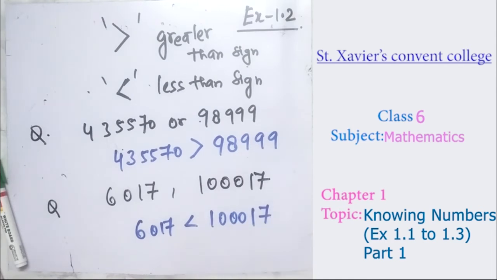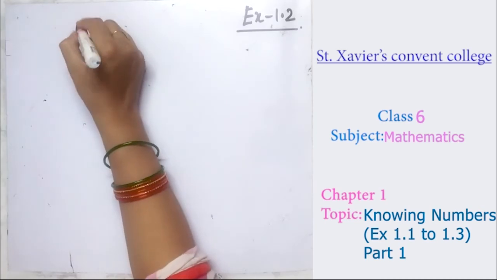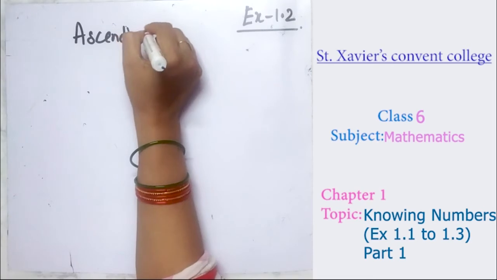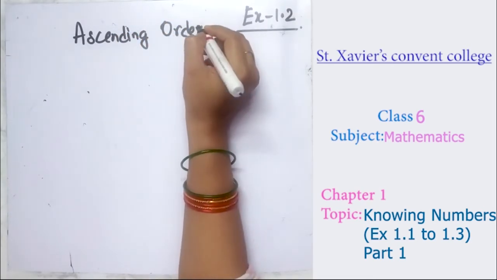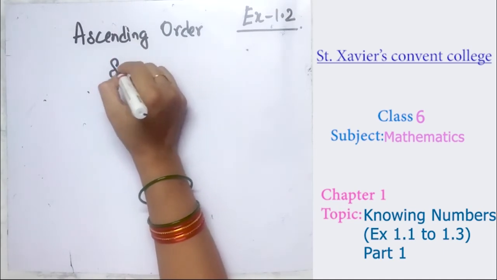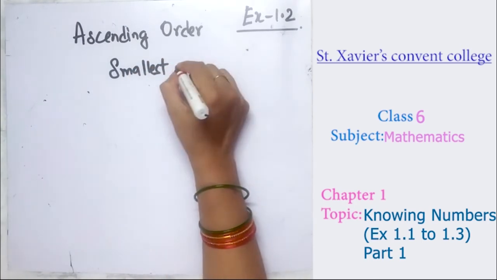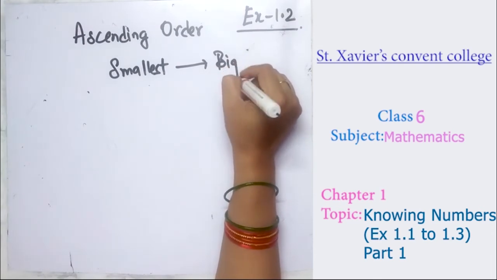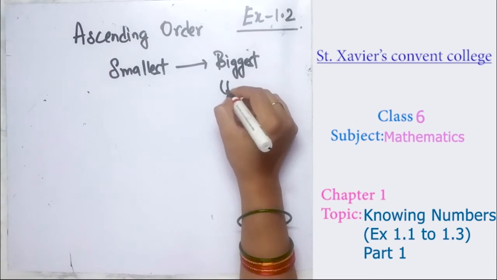Now you have to arrange the numbers in ascending and descending order. Ascending order means you have to arrange the numbers from smallest to the biggest one. That is, the small number is put first and the largest number is put at the end.